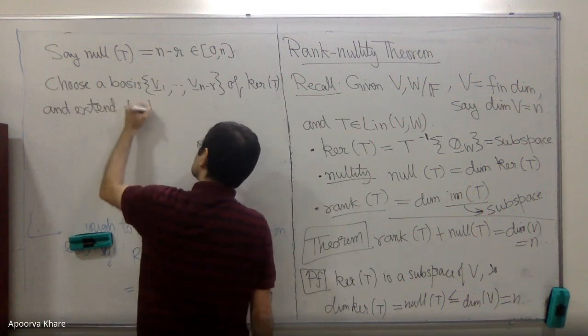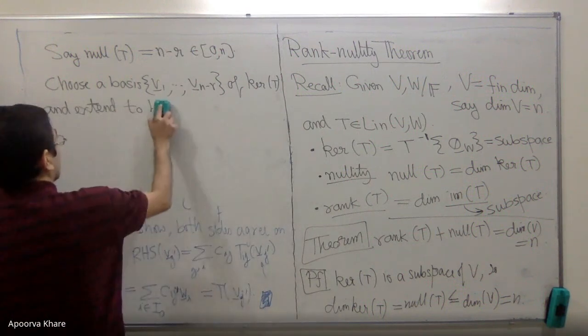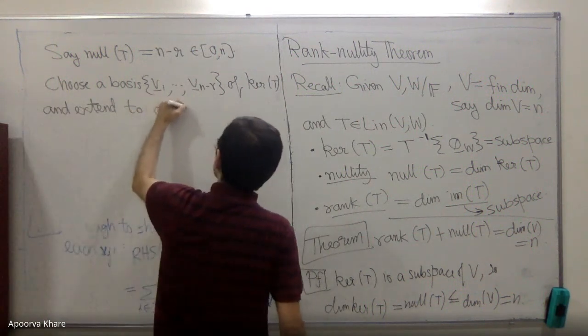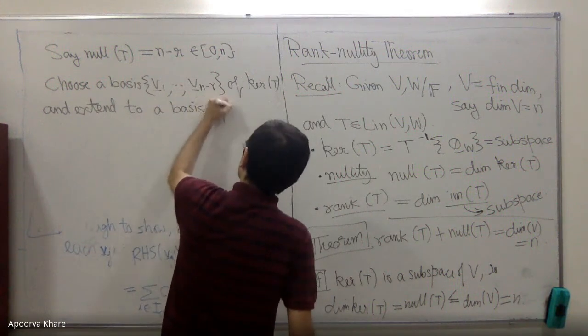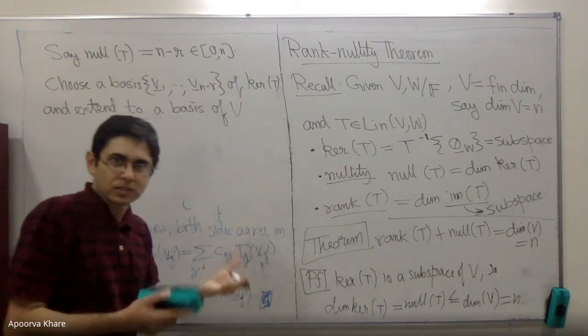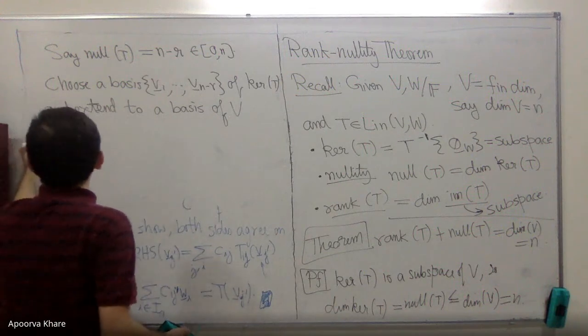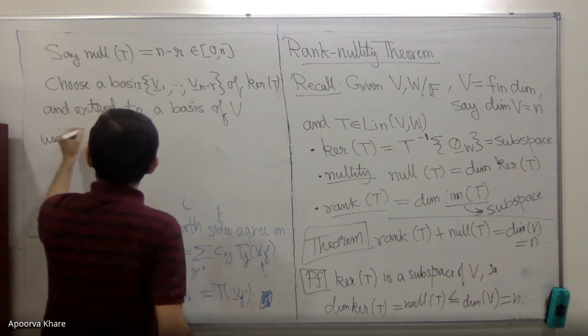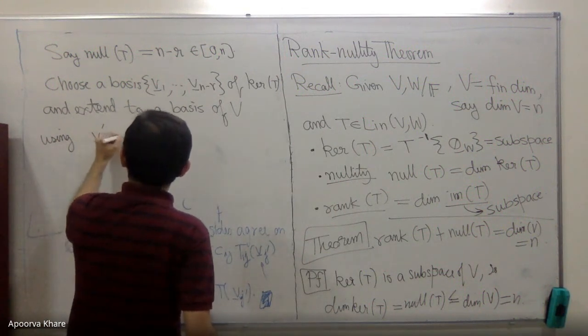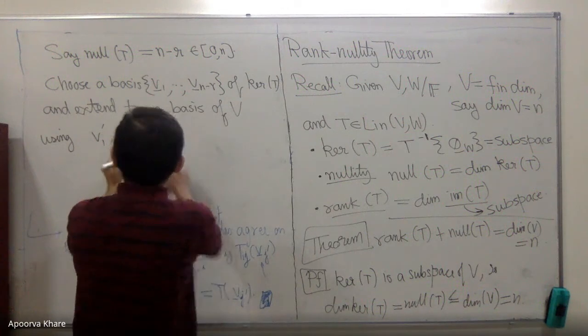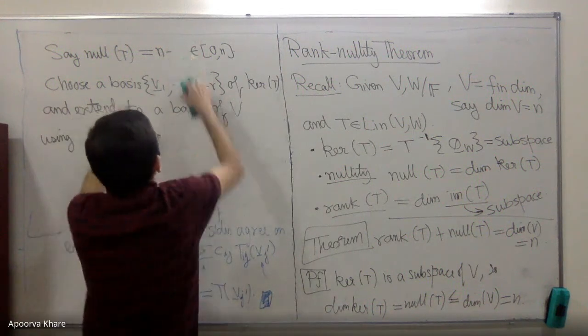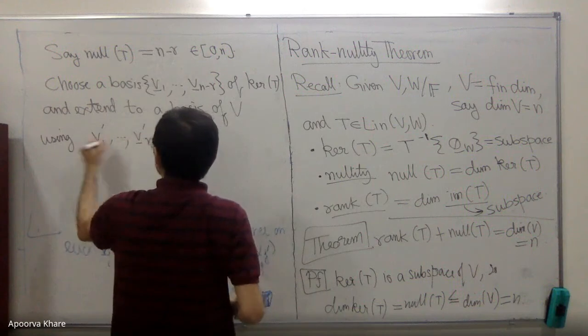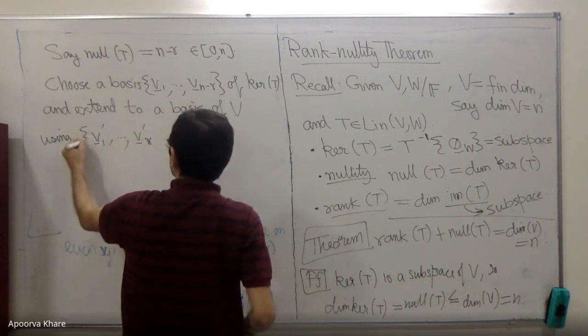Extend to a basis of V. Any subspace basis can be extended to a basis, using, let's give them some names, v'_1, ..., v'_r. I should use r here if I'm using r here.